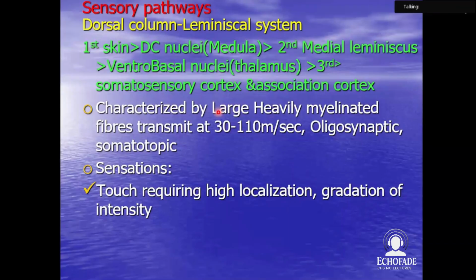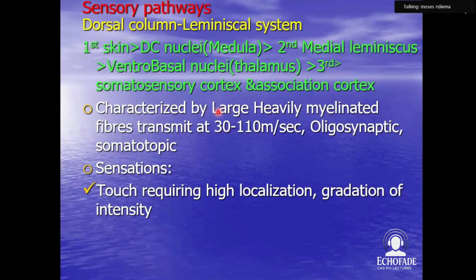These fibers act as first order neurons. They enter into the spinal cord, they cross to the opposite side, they go up to the medulla oblongata, where we have another group of cell bodies that they synapse with.